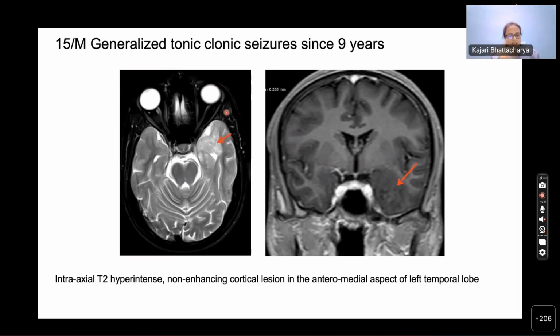So basically, in the T2 weighted image, what we see is there is a lesion in the medial and the anterior part of the temporal lobe on the left side, which is a little bit heterogeneous. It's not well defined, so I'd say it's a diffuse type of lesion. And in the post-contrast imaging, there is no obvious post-contrast enhancement. So this much we can see.